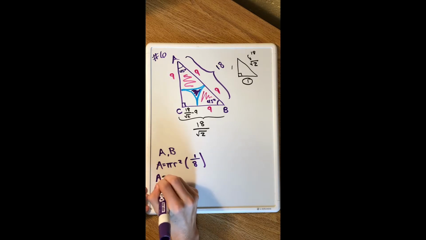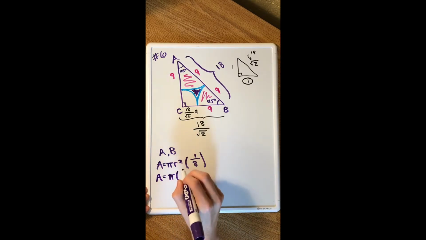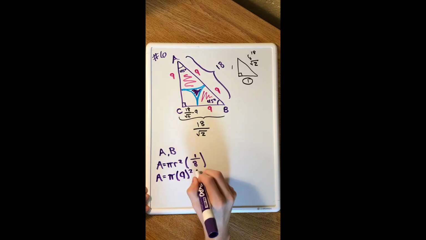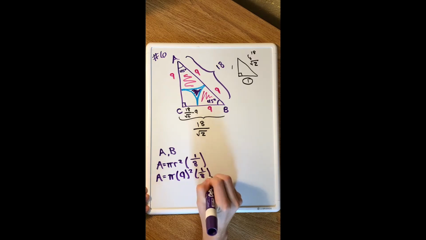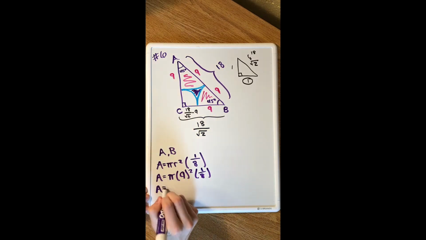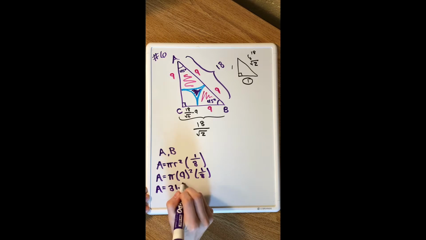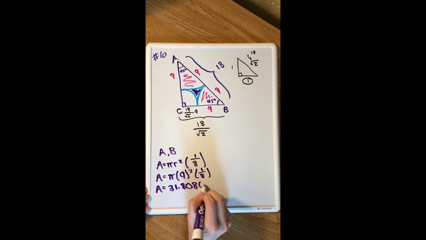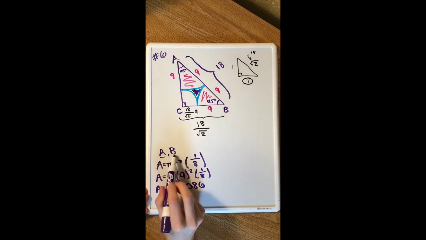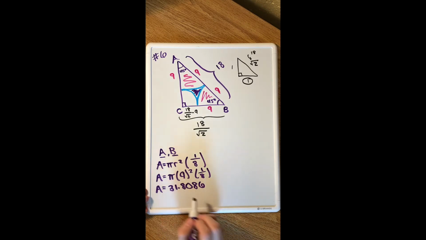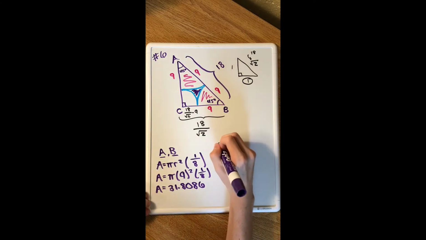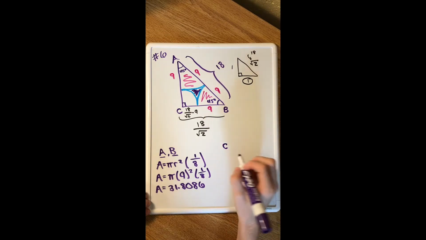So you have to do area equals pi, and we know the r is 9 squared times the 1/8. And we get the area is equal to 31.8086. So both A and B have an area of 31.8086.